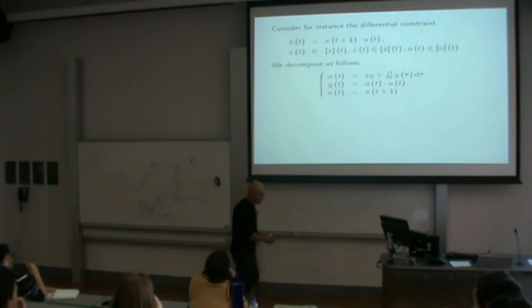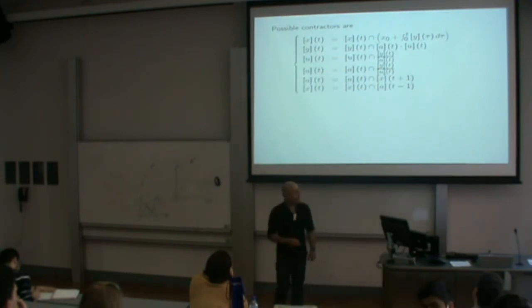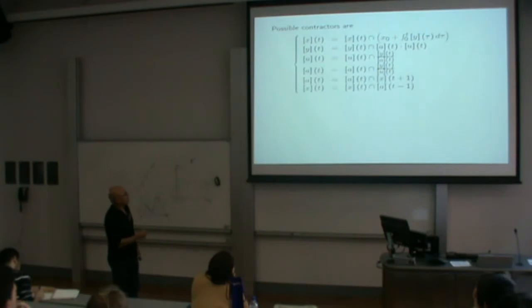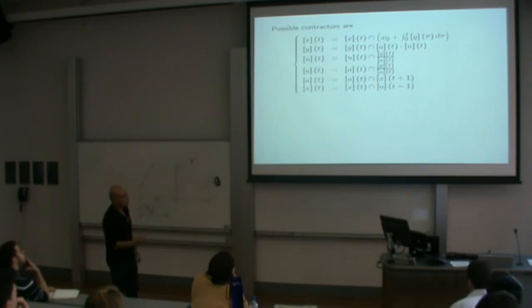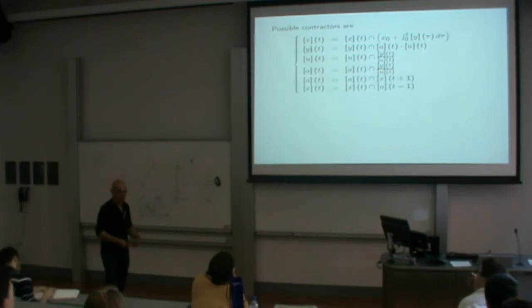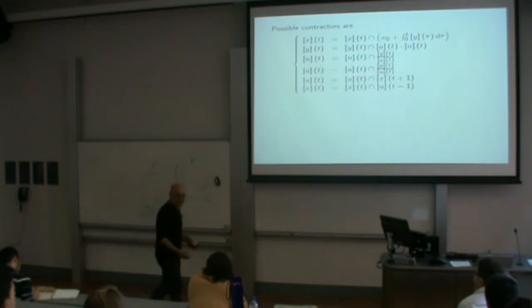Okay? So how can I solve this? Thanks to tube arithmetic, I first contract with respect to the first equation, to the second equation, and to the last one, and I obtain the contractors which are given here. Okay, so I am able to solve in a simple and elegant way, in a guaranteed way also, problems involving differential equation and also dealing with delays.